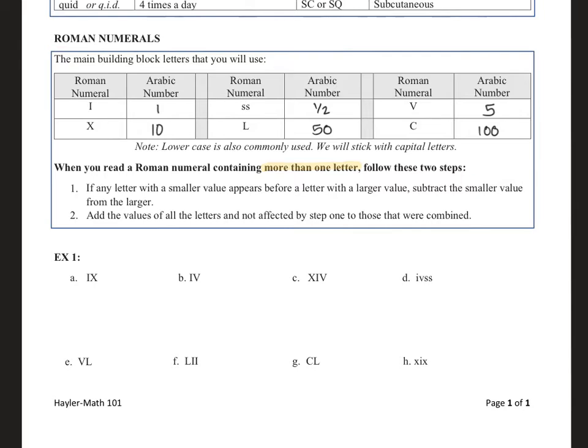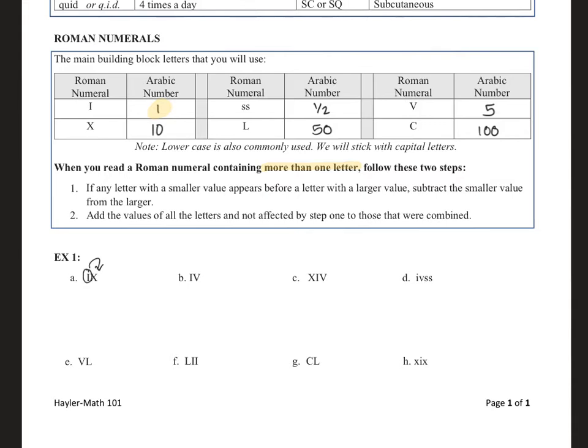So, for this one, we have IX. Alright, so the question here is, is I smaller than X? Well, I is 1, and X is 10. So yes, I is smaller, which means we're going to use this rule here for 1. If a smaller letter appears before a larger one, we're going to subtract the smaller from the larger.